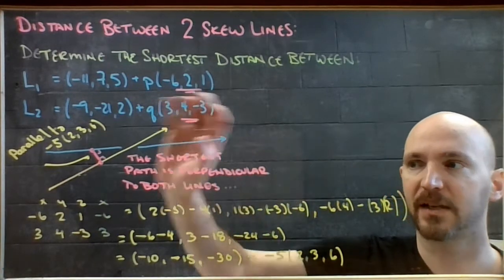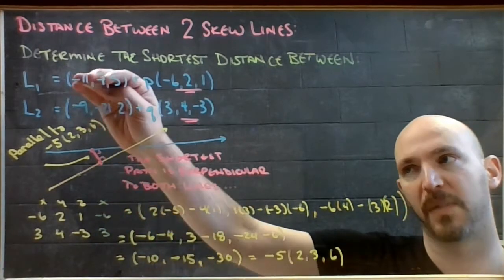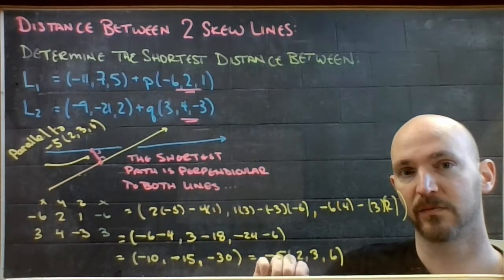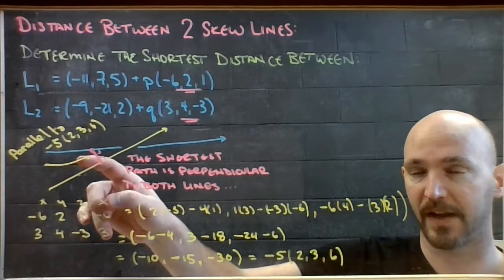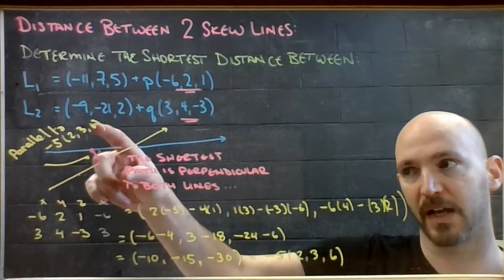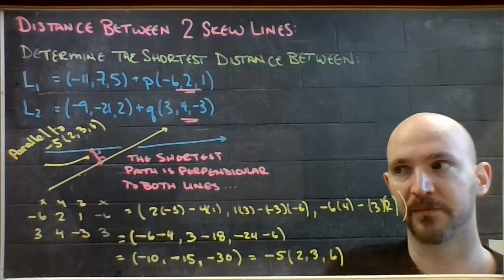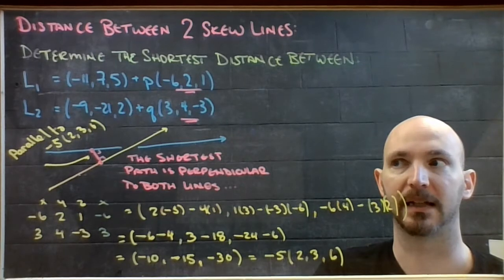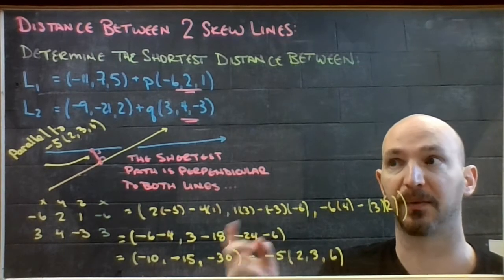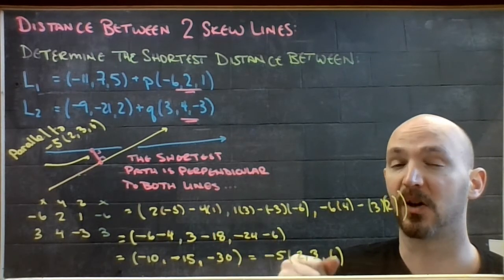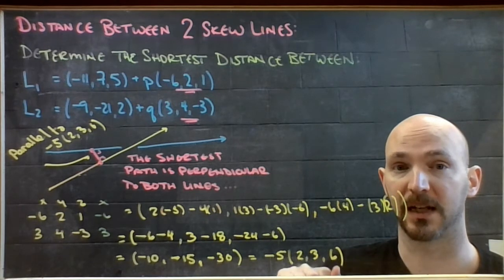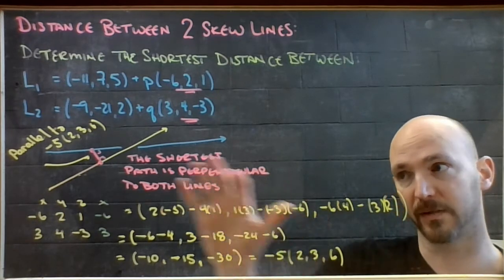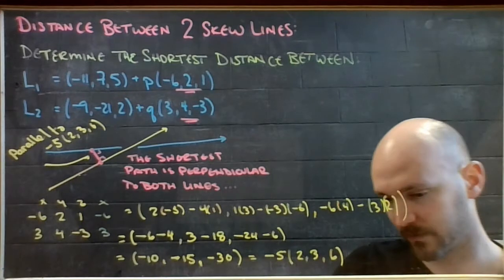So if I can construct this vector by doing this minus this, and I can construct the vector by doing this multiplied by a new letter, I'm going to use m, then I should be able to equate them. And what it will end up creating is 3 equations in 3 variables that I can solve using substitution and elimination. So I'm gonna write this thing up here so we can remember it.